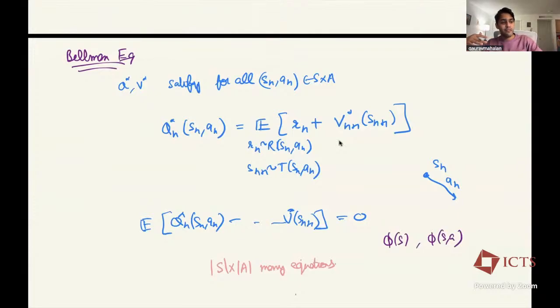Basically, because of the linearity, this problem reduces to finding these independent vectors. So what's going on is that theta and theta star are the two unknown parameters you want to find to get the optimum Q star and V star.